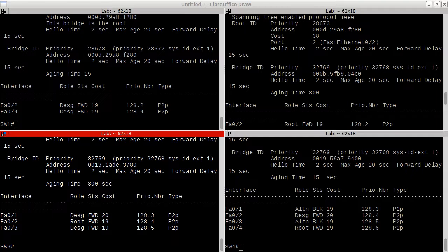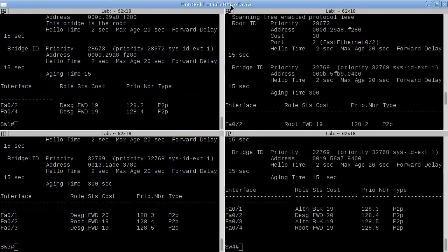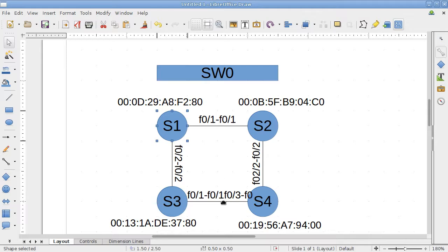Okay, maybe not then. So it looks like when it comes to the segment between these two switches, where one side's going this way and one side has the root path going this way, when it determines which port blocks or which port's open, it doesn't look like the port cost is taken into consideration, only the bridge ID.